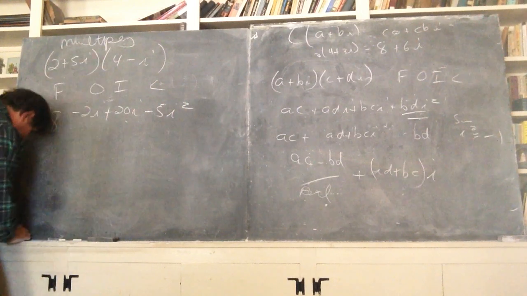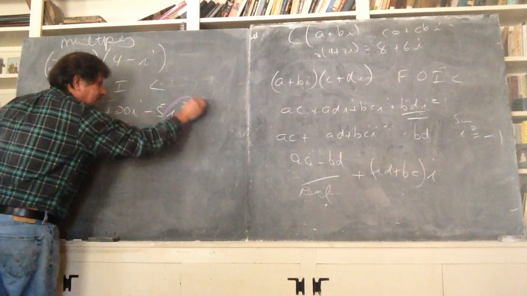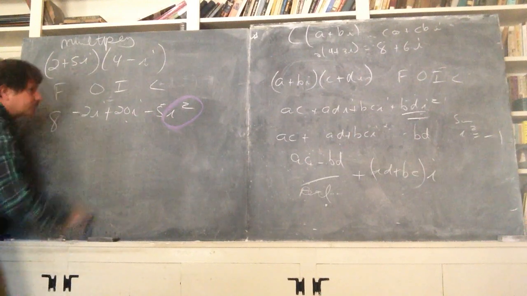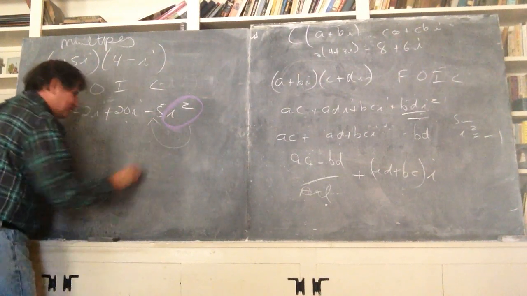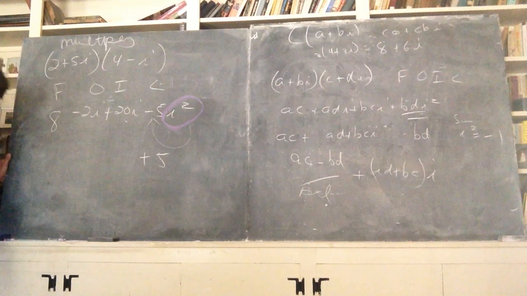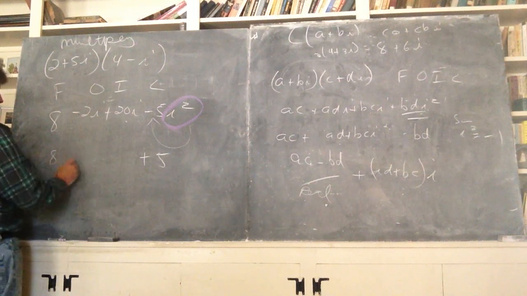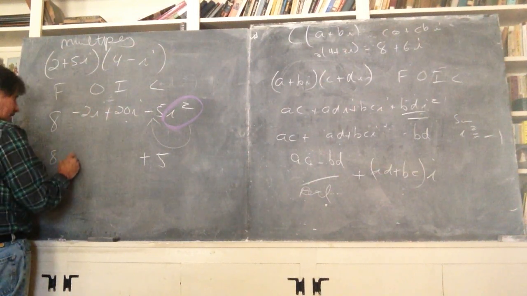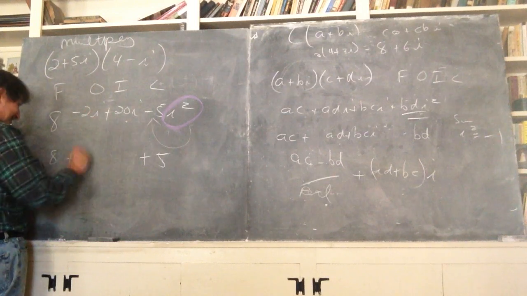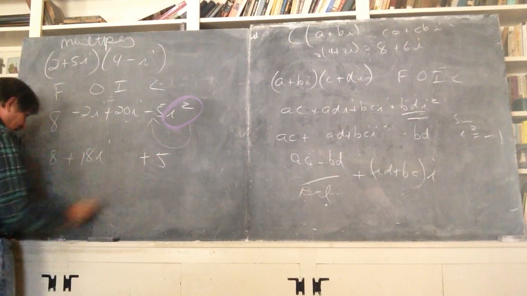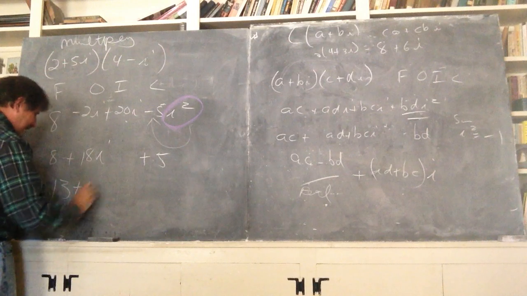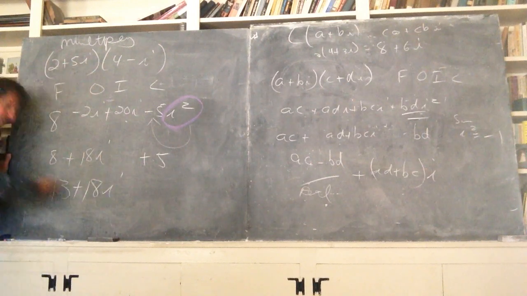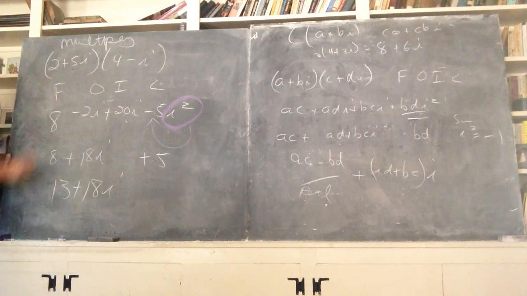And here's the important part. That's negative 1, which changes this sign to plus 5. 8 minus 2 plus 20 plus 18i plus 5 is 13 plus 18i. That is the product of these two numbers.